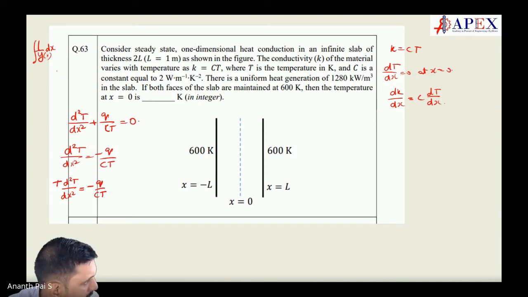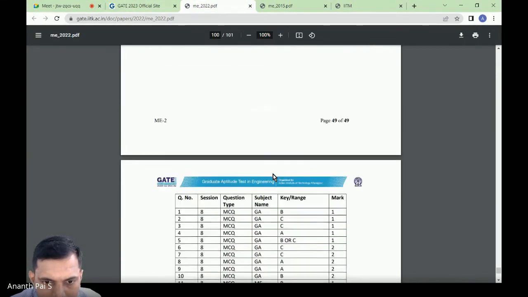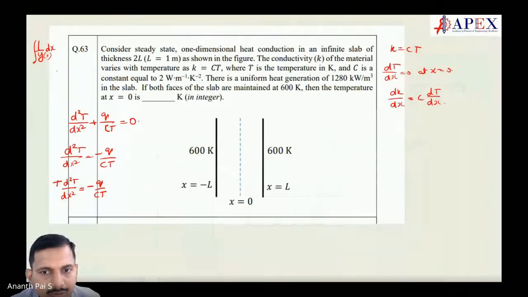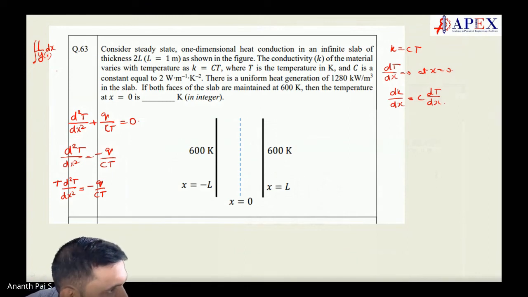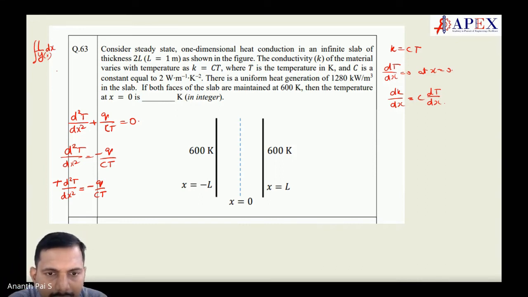What's the answer you got? 1000? But you'll get to know only when you integrate, is it not? If you can't integrate, then what will you do?